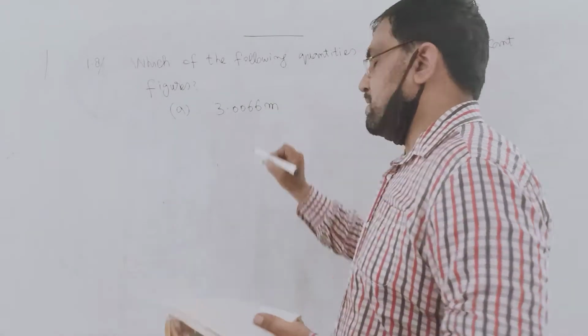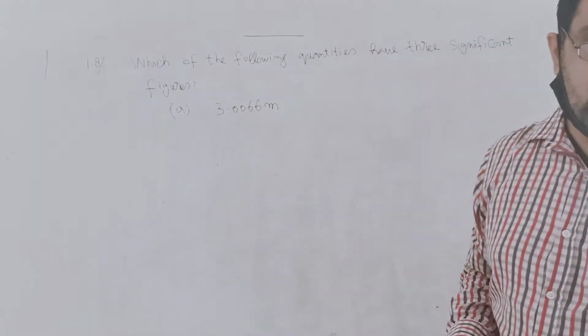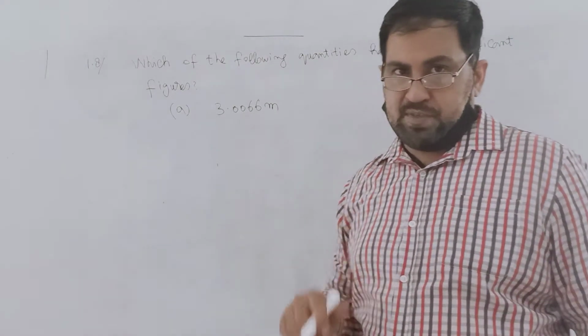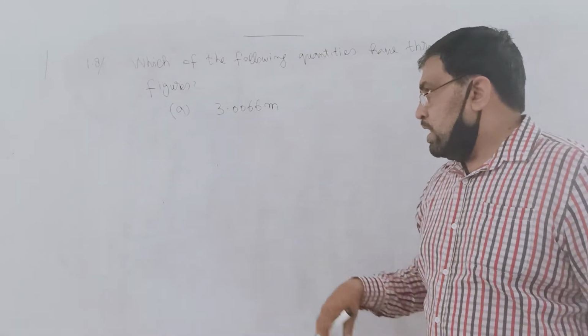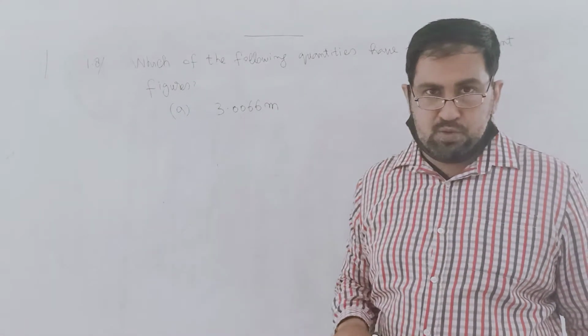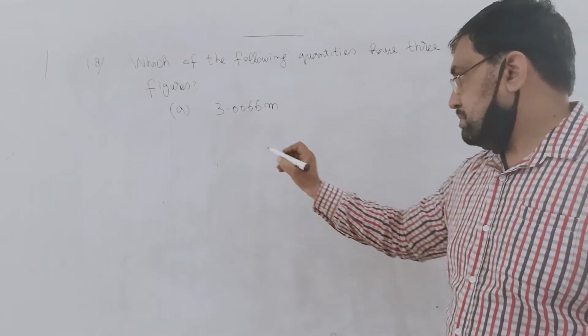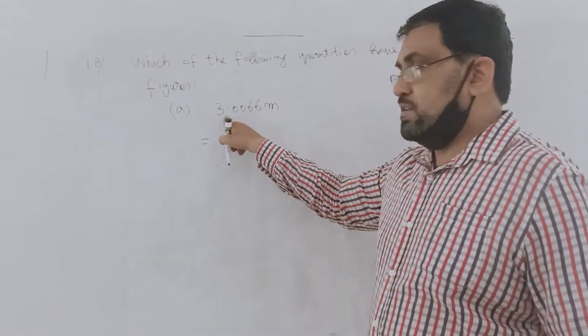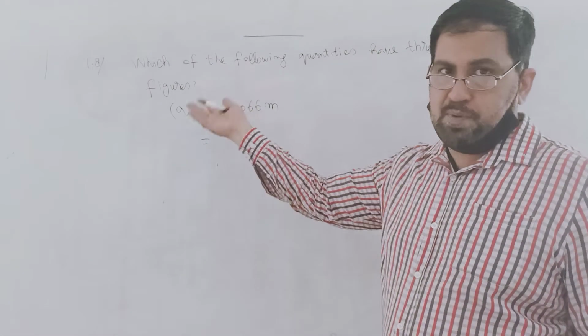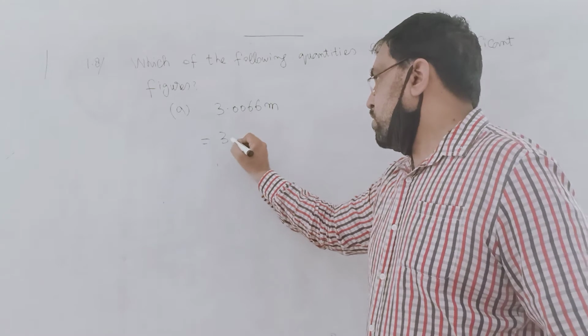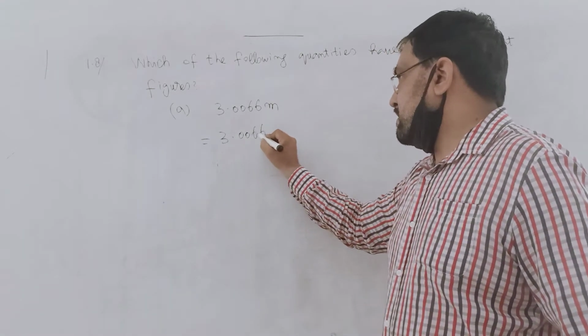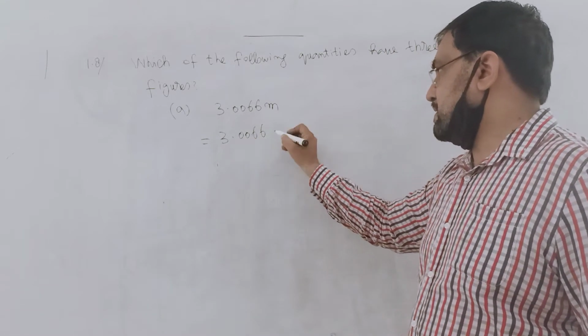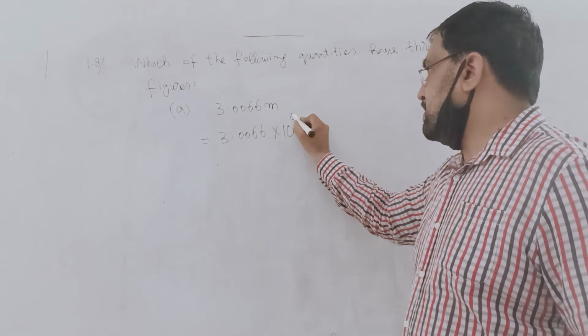3.0066 meters. We have to find the number of significant figures. For this, we change this value into scientific notation. The point must be placed after the first digit. The point is already placed after the first digit. So we can write it as 3.0066 into 10 raised to power 0.